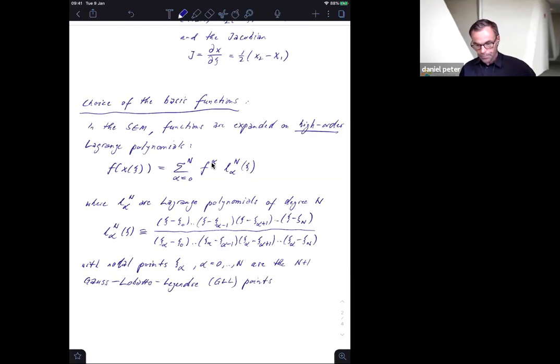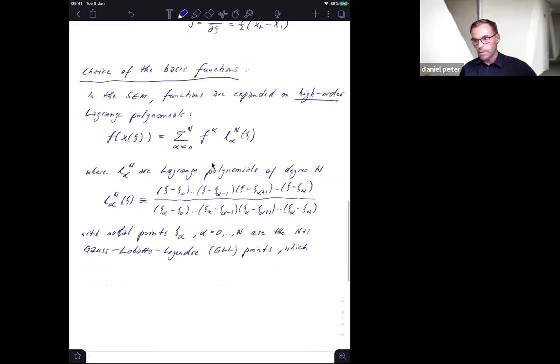And how do we find these point positions? Well, they are the roots of a characteristic equation. So the roots of the equation 1 minus xi square times the derivative of the Legendre polynomial, xi, is equal to 0.